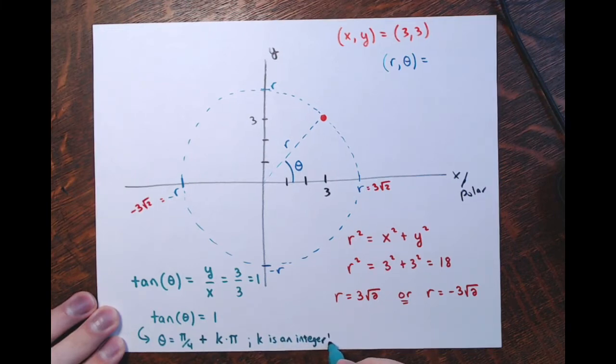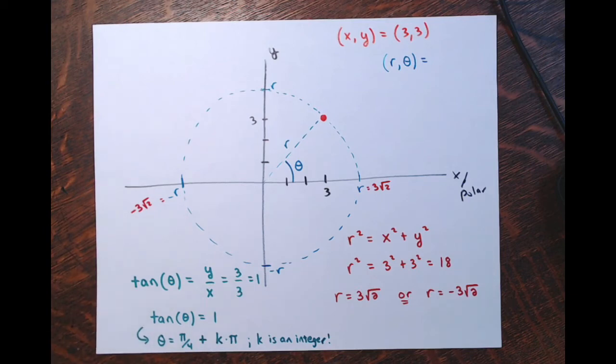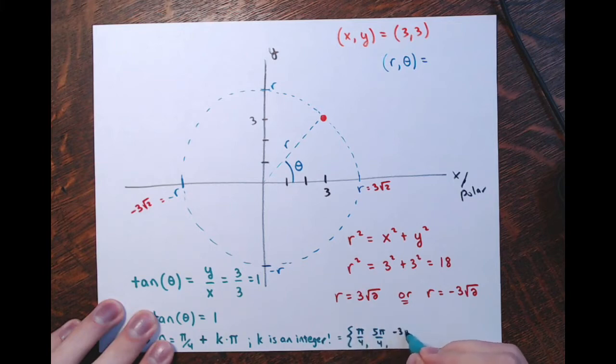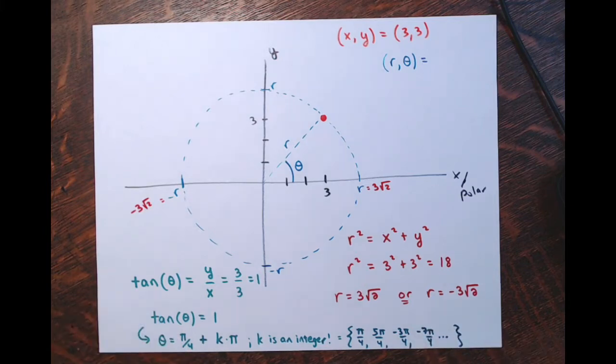Hopefully you remember solving linear trigonometric equations. So this would be pi over 4, then plus pi would be 5 pi over 4. Then, if I go backwards, it'll be negative 3 pi over 4, negative 7 pi over 4. There's all sorts of solutions to this equation.